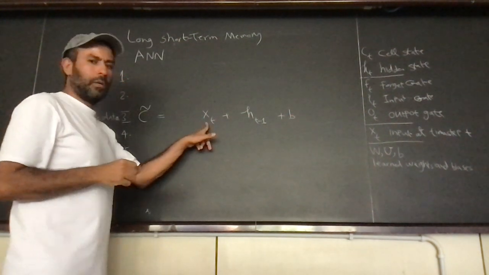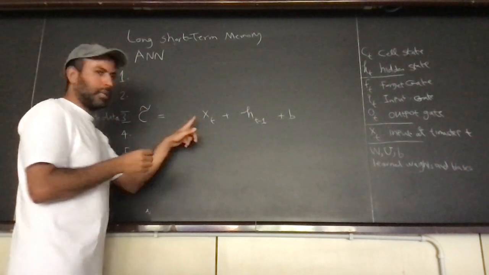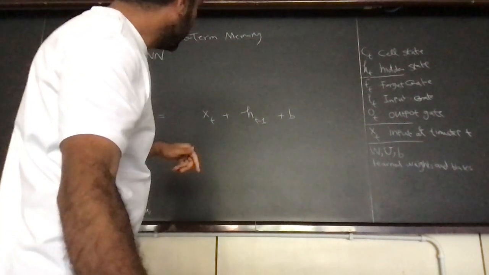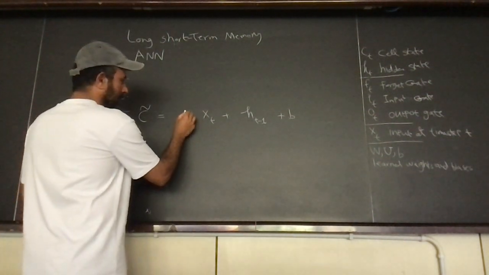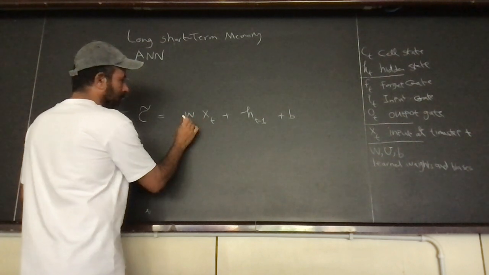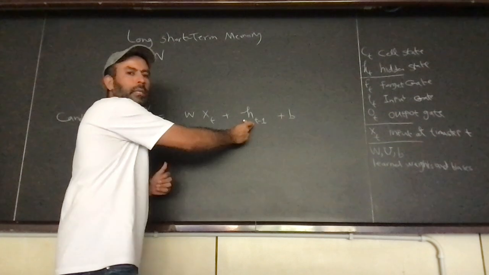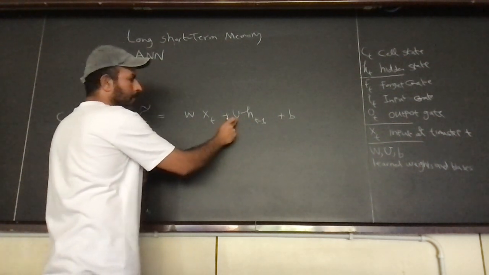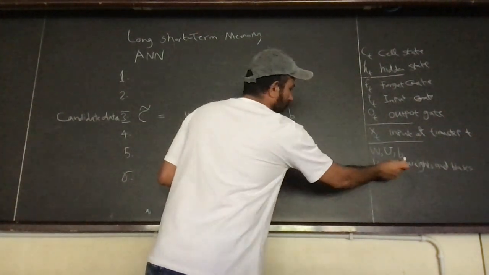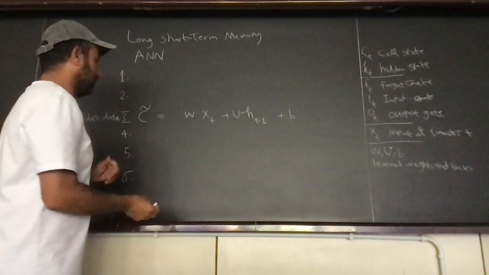But here we should have assigned the weights for the input. The weights for the input is the matrix W, and the weights for the hidden state is the U here, the learned weights of the hidden state, and this is the bias.